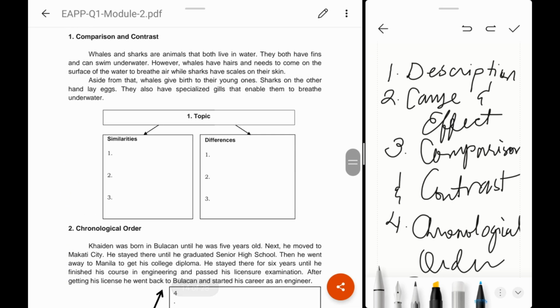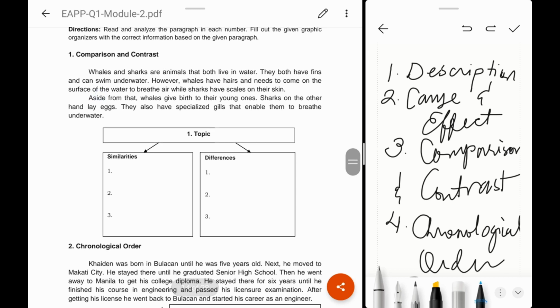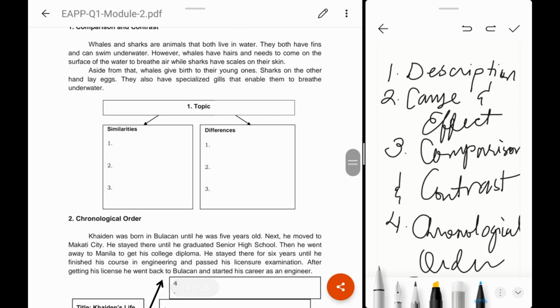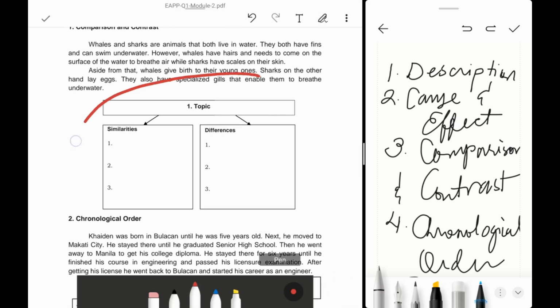And then, aside from the title of the text structures, sample paragraphs are also given. All you have to do is to fill out these graphic organizers by understanding the paragraph.